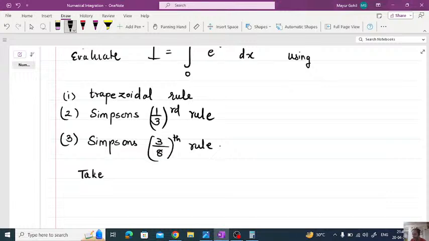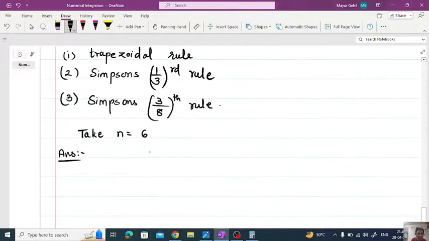So we will take 12. Take n equal to 6, let's take 6 for our ease of understanding, so that you will benefit more. So take n equal to 6 over here.